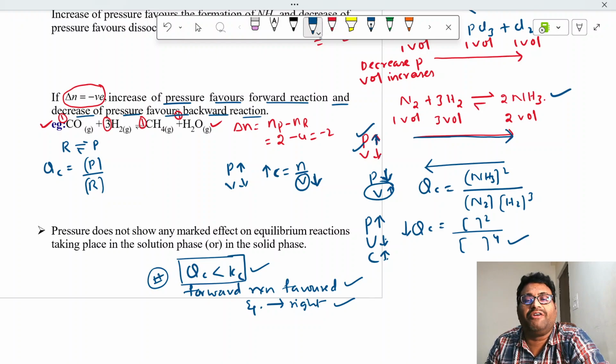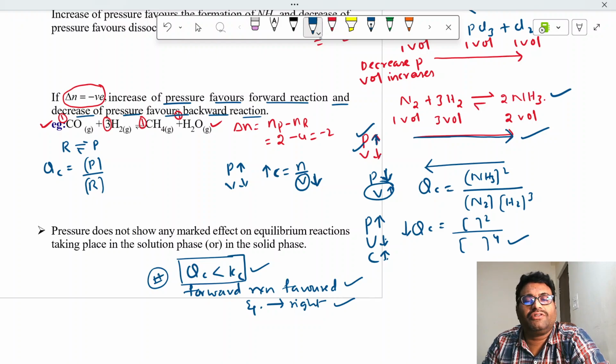So you have to understand that when pressure is increased, volume decreased, concentration increased, then Qc is decreased. When Qc is less than Kc, automatically forward reaction is favored. The same can be applied for the next condition.